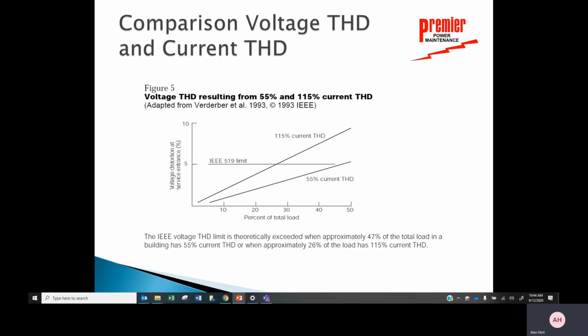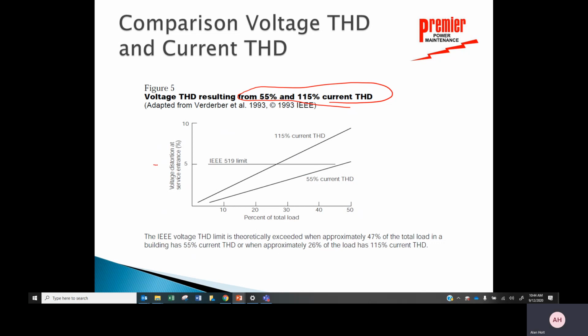Total harmonic distortion resulting from 55% and 115% current distortion. So this is really trying to tell you, okay, what happens if I have things in my system that distort the current? And that's exactly what we have. We distort the current. And that results in a distorted voltage waveform. Now, my little system here, I can mess with the current quite a bit without harming the overall electrical system. But there are limits to that.